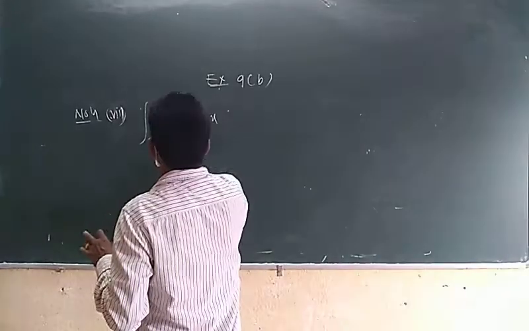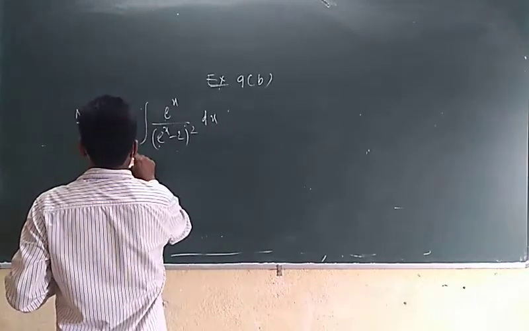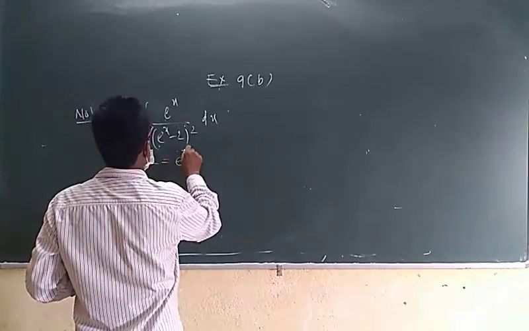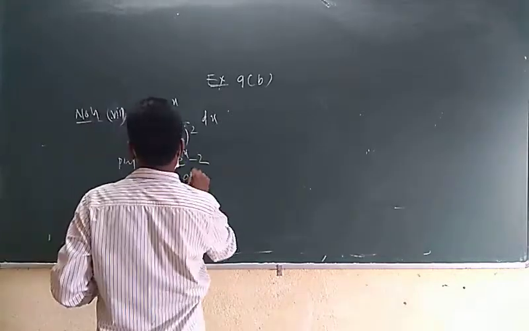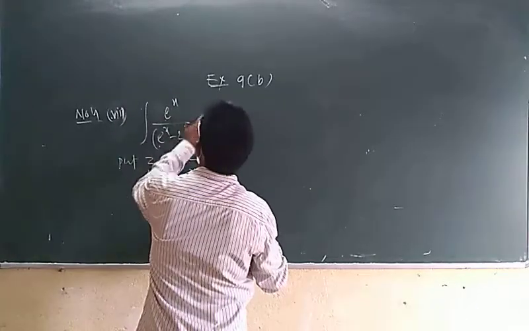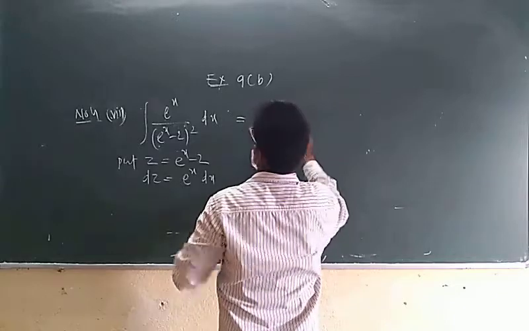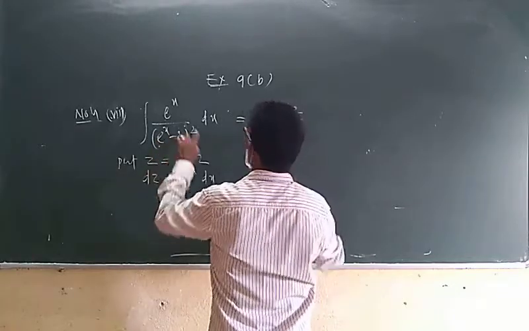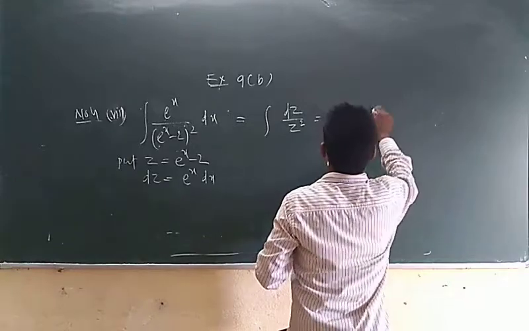Taking e to x minus 2 is equal to z, put z is equal to e to the x minus 2. So dz, the derivative of e to x is equal to e to x, 2 is constant, so e to x dx. Look, e to x dx is already present in the numerator side, that is dz by z square, because e to x minus 2 is equal to z, that square is equal to z square. z square goes up as z to the power minus 2 dz.